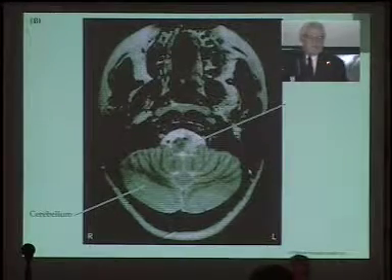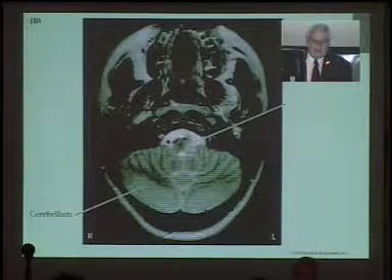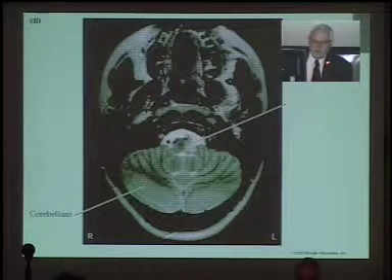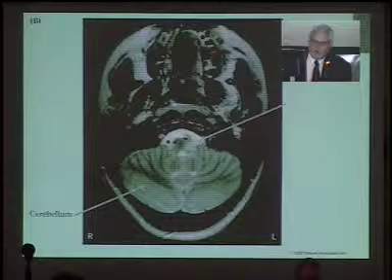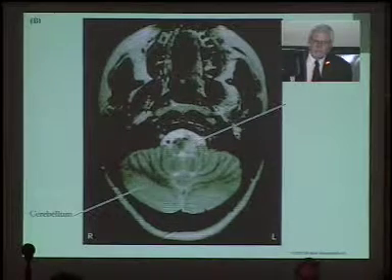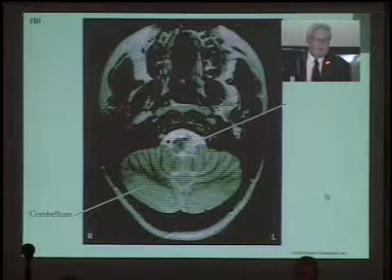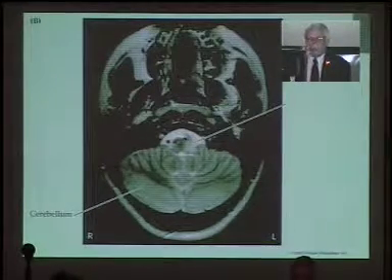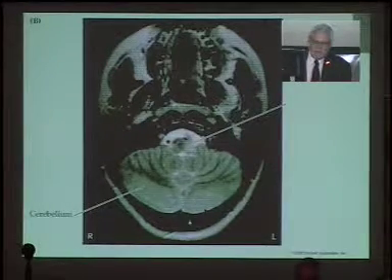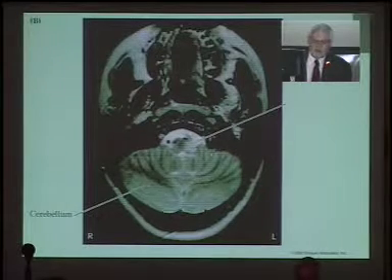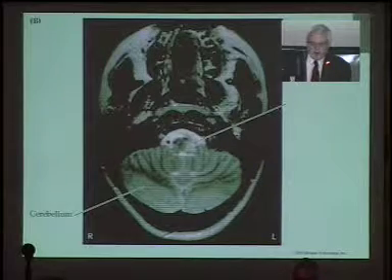Okay, so this might be a typical image on an exam, and this arrow here points to the infarct. Now, can you tell me what part of the brainstem that infarct is in? Okay, so we recognize that this is a cerebellum here, and this is actually a fairly small part of the brainstem.